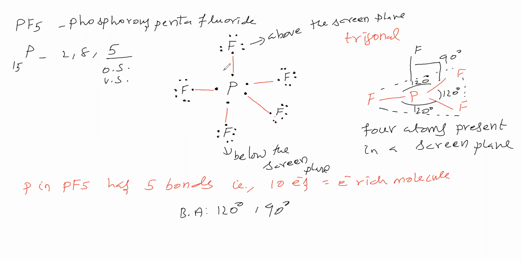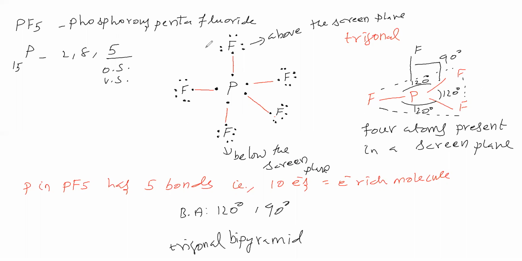Since of these 2 fluorine atoms one is above and another is below, we say bipyramid. These 3 fluorine atoms make an equilateral triangle, so we include trigonal.